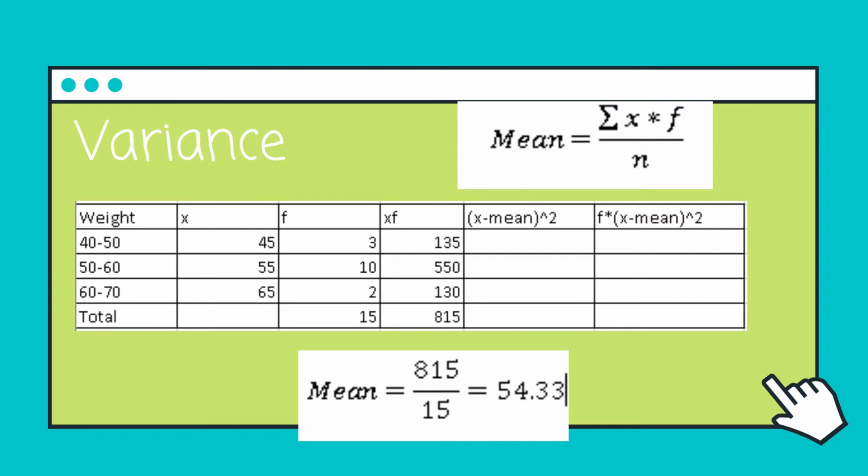Then we are going to multiply x by f, and we are going to divide by the total frequency, which is 15, and we are going to obtain the mean of the ranges. That is going to be very important to obtain the variance.